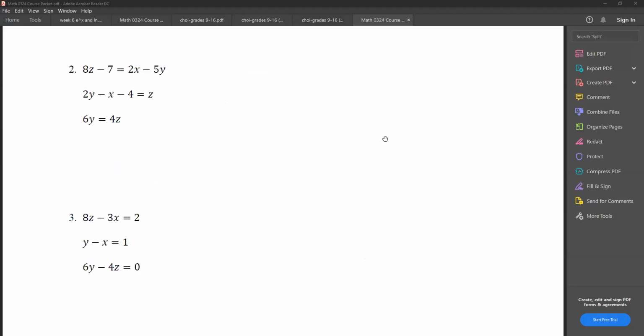All right, we got a couple more to do. So again, I'm going to line these equations up so that they look pretty. I'm going to put x, y, z. So the x, well, actually, you know, the x and y look pretty good. I think I'll just move the z over, right? So the 8z becomes a minus 8z. So what I have is 2x minus 5y minus 8z equals, well, what's left over is negative 7.